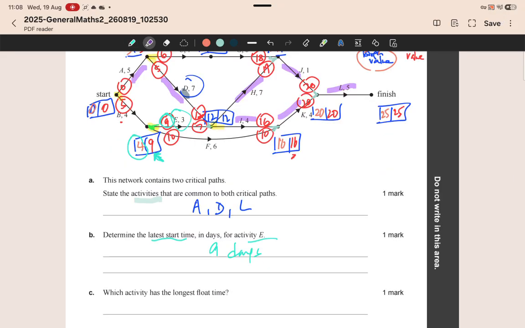The next question says, which activity has the longest float time? Now, in order to calculate float time, you should know that activities not on the critical path will have a float time.